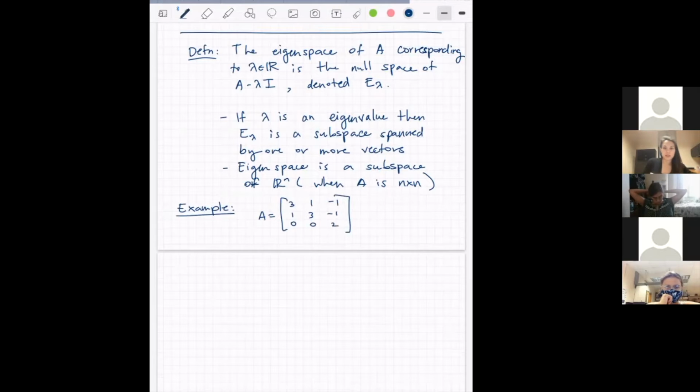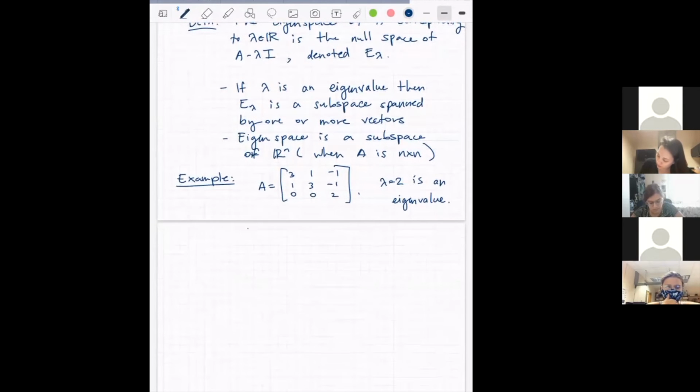Okay. And we're given that lambda equals 2 is an eigenvalue. And we want to find a basis for the corresponding eigenspace E sub 2.